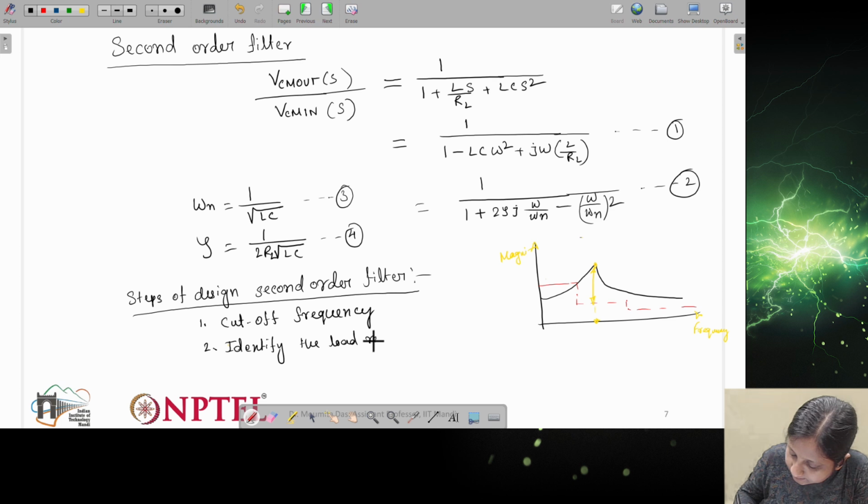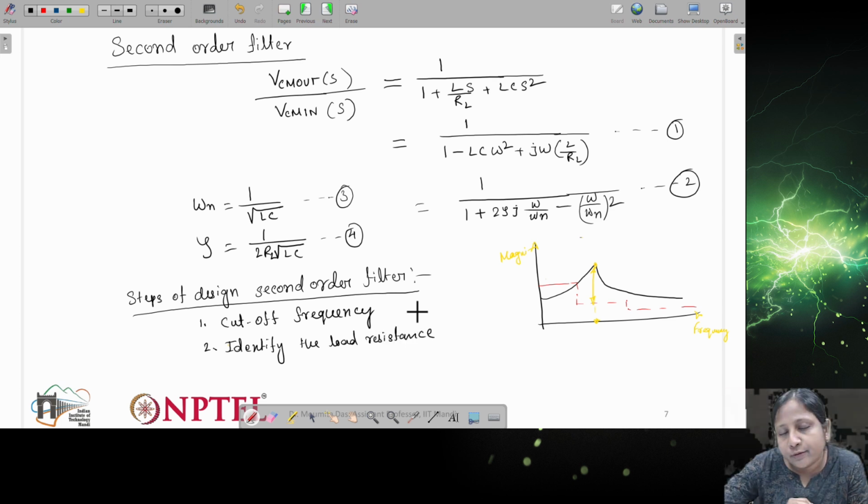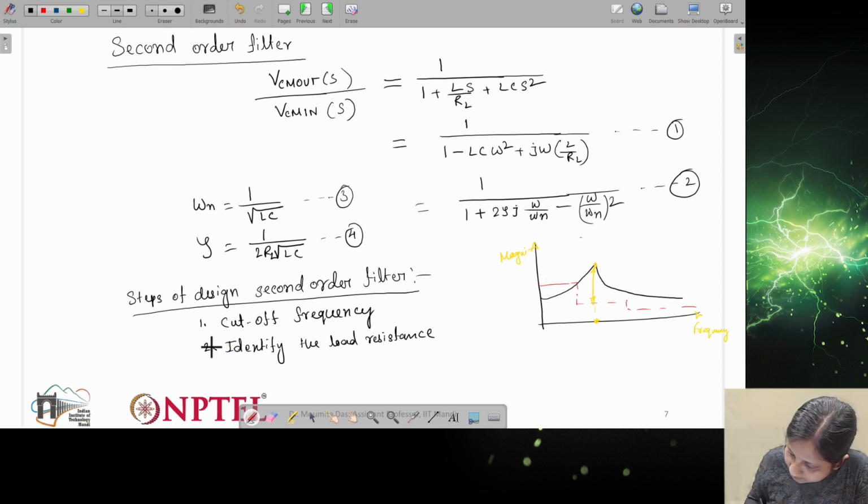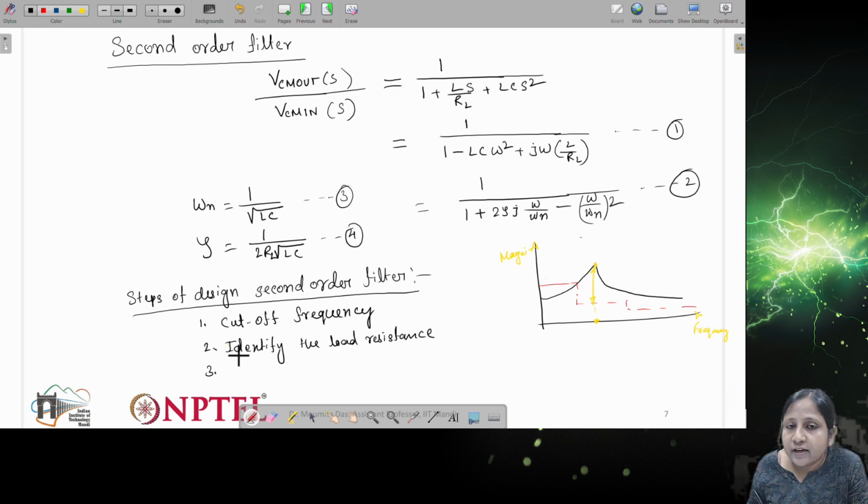Identify the load resistance. That we can find out from the system itself. Once we have that, we can then find out the desired damping factor.